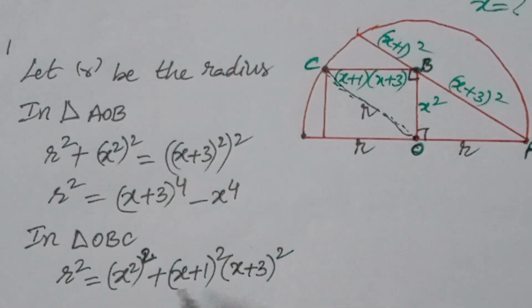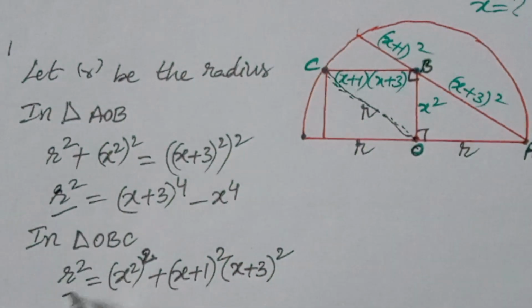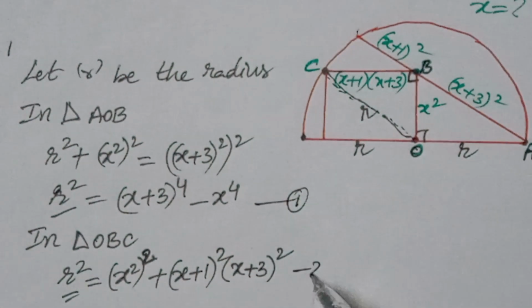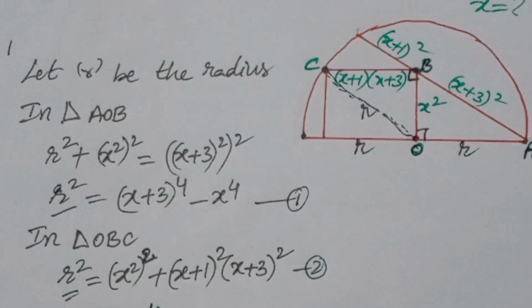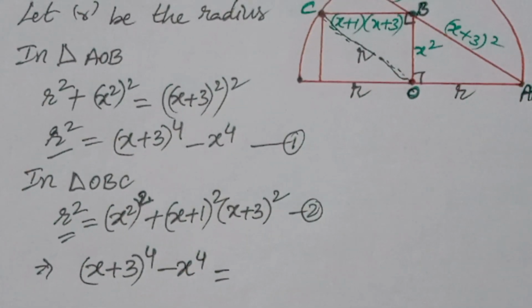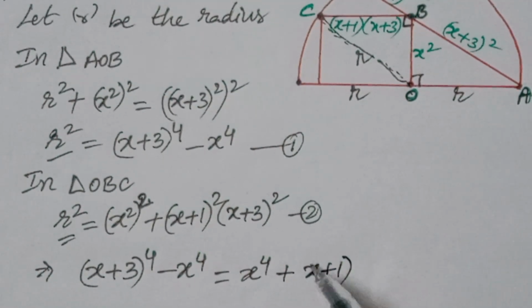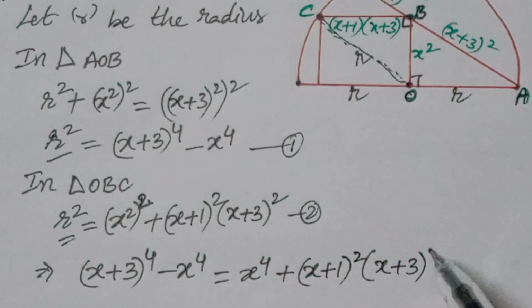This is also radius, this is also radius. We are making them equal. Let it be 1 and 2. From 1 and 2, (x plus 3) to the power of 4 minus x to the power of 4 is equal to x to the power of 4 plus (x plus 1) whole square into (x plus 3) whole square.